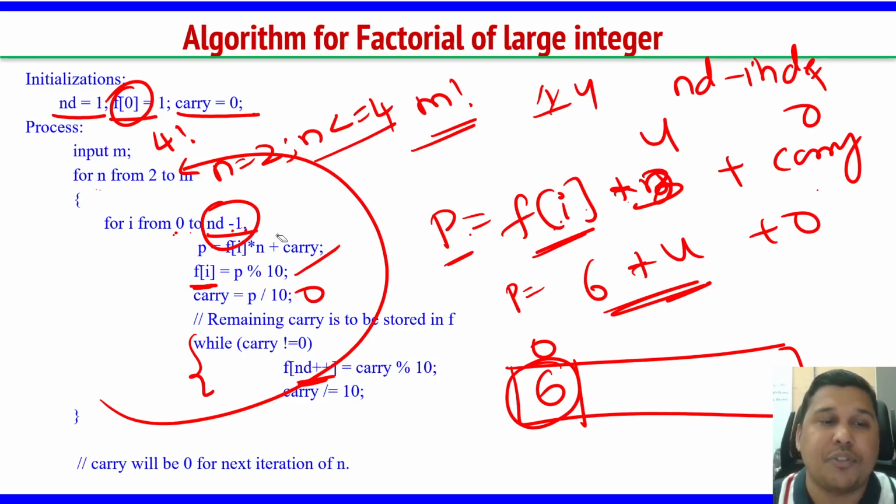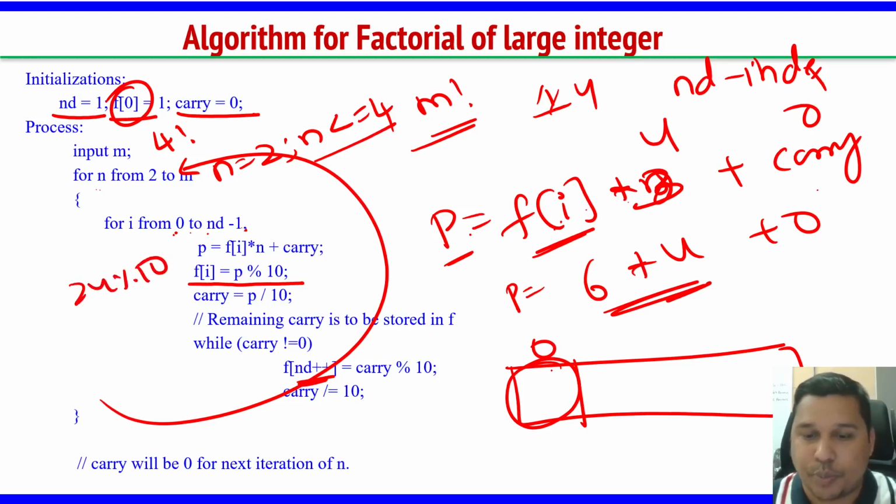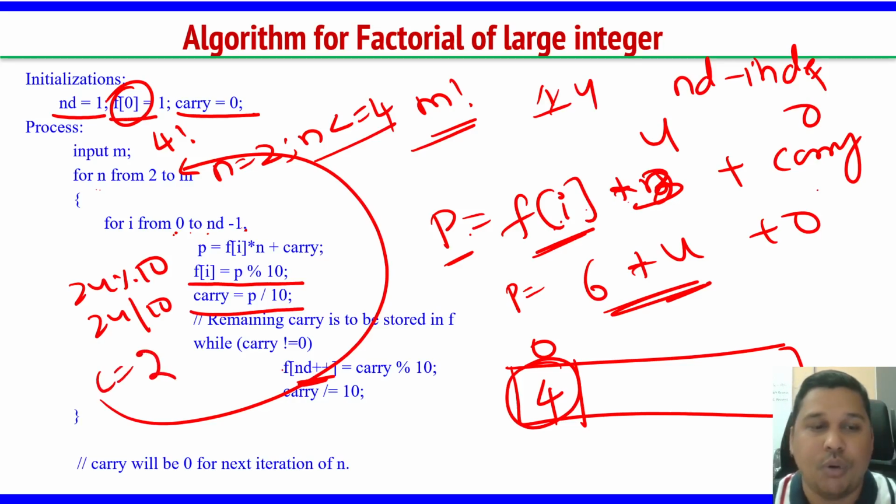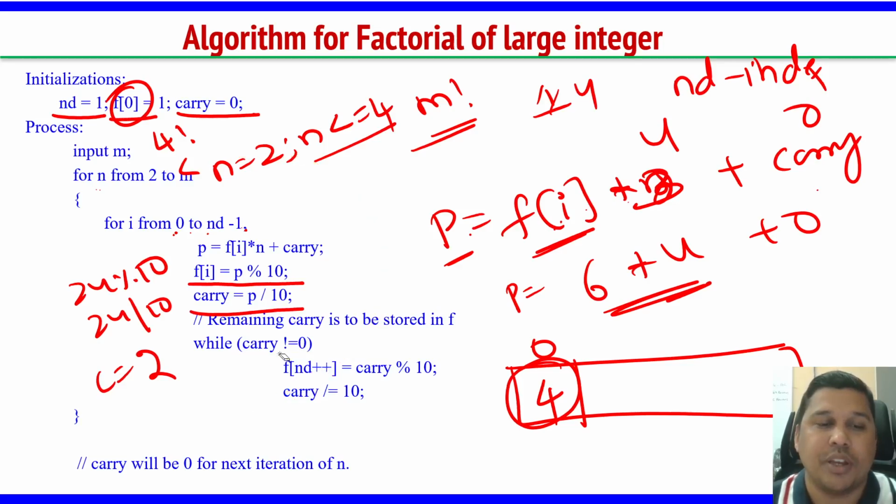Now, when it is 24, what should be inserted in f of i? f of i equals p modulo 10, that is 24 modulo 10, you have to place 4 here. Carry equals p by 10, 24 by 10, that is carry becomes 2. Now carry is not equal to 0, this time it is entering this while loop. While carry not equal to 0, nd plus plus. See, nd was initially 1, now nd became 2.